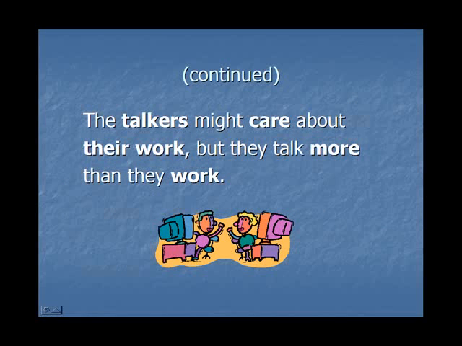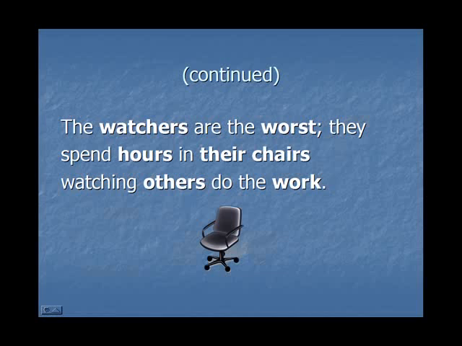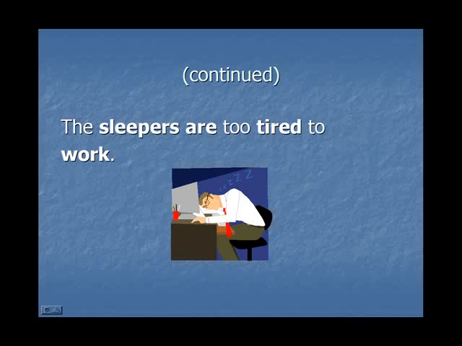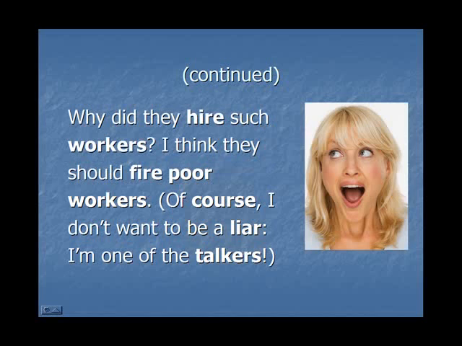The talkers might care about their work, but they talk more than they work. The watchers are the worst. They spend hours in their chairs watching others do the work. The sleepers are too tired to work. Why did they hire such workers? I think they should fire poor workers. Of course, I don't want to be a liar. I'm one of the talkers.